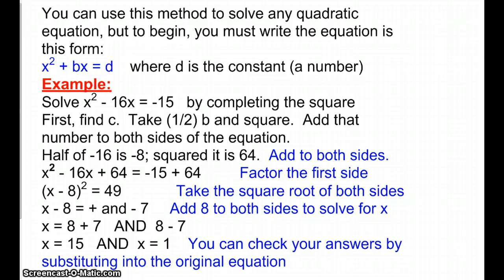Remember, you need to use both the positive and the negative case. So when you add 8 to both sides, to isolate the x, to solve for x, you get x equals 8 plus 7 and x equals 8 minus 7. So x equals 15 and x equals 1. You can always check your answers by substituting them back into the original equation.